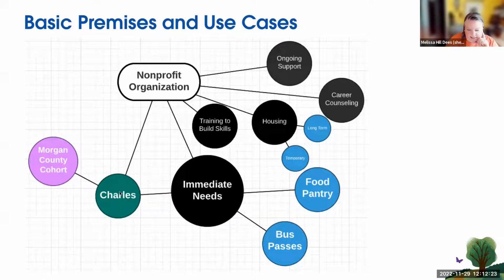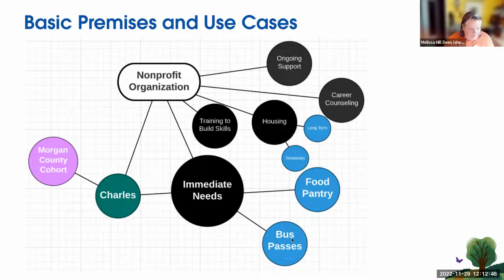Charles is the contact, and then the cohort is here in the pink. So Charles right now has been assessed. He's related to the organization where he's had this assessment. They've decided the immediate needs program is what he needs to be involved in at this moment. And of the specific services they offer in immediate needs, the food pantry and the bus passes are the things that he needs.